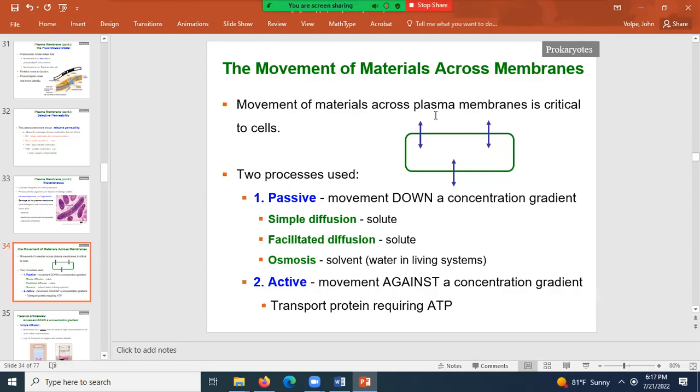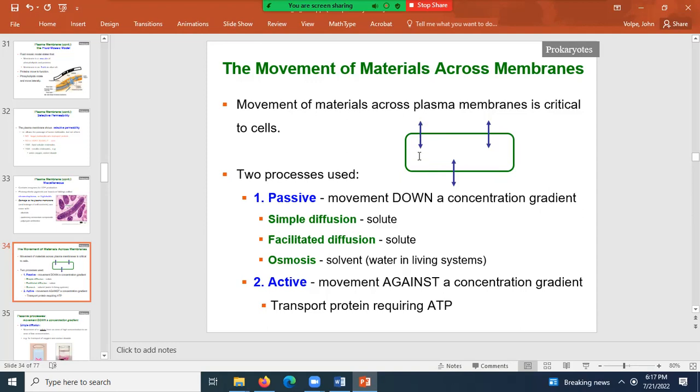For example, there's more oxygen outside the cell than inside the cell, and oxygen can move from outside the cell to inside the cell, where the oxygen is moving down its concentration gradient. Any questions about any of that? It's a passive process. It's passive because the cell doesn't use any energy to move the molecule across the cell membrane.